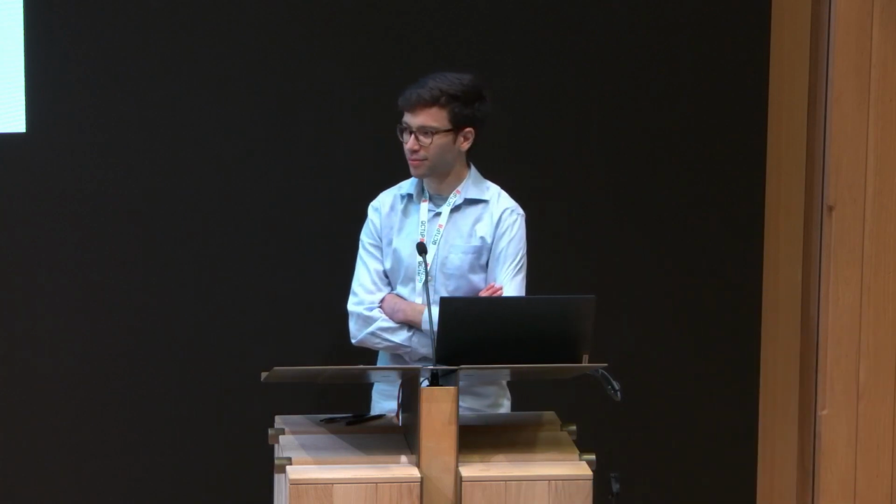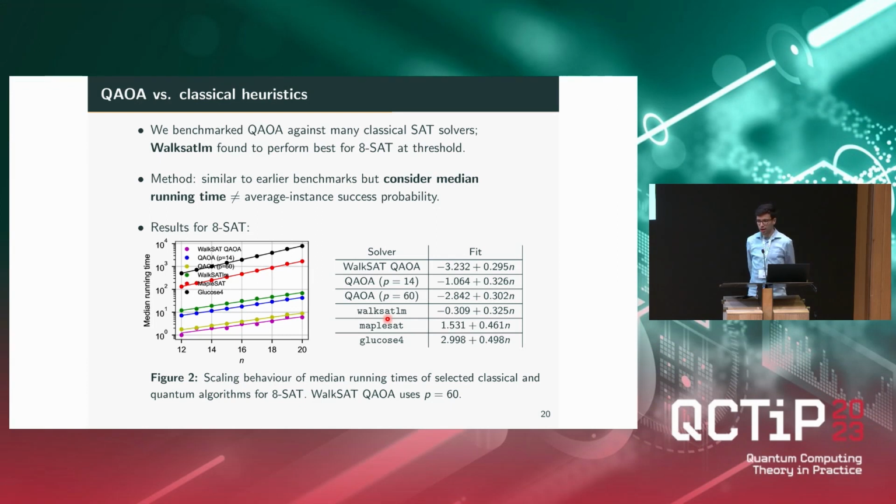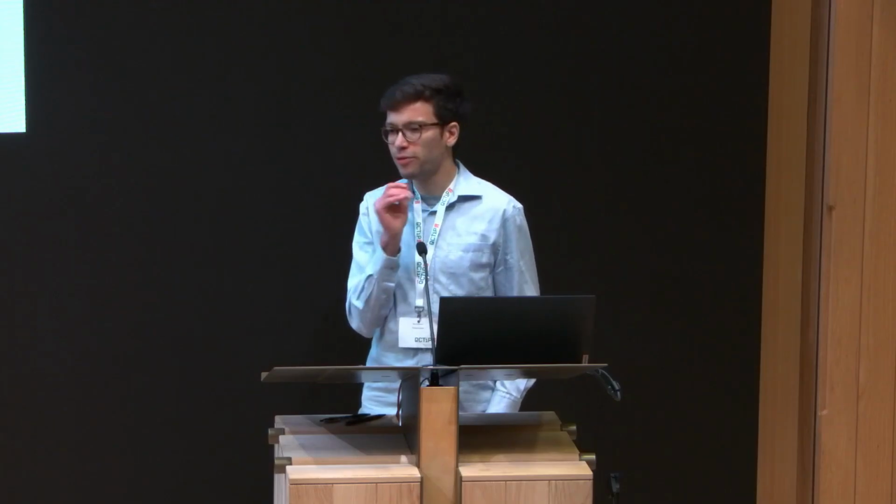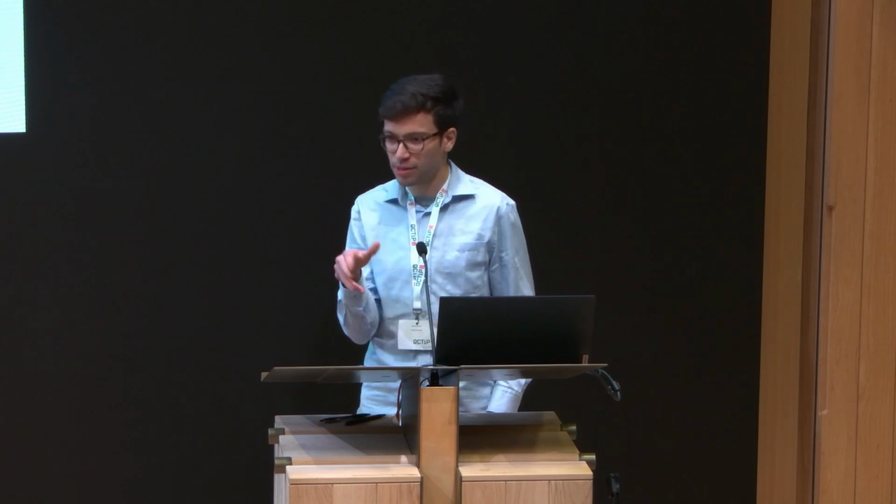I have a similar question. So what is the y-axis showing? Is it simulation time? Yeah, so the y-axis is showing the median running time. Measured how? That's a very good question. That would be measured differently depending on the solvers. For instance, for branch and bound solvers, you'd have to combine the number of conflicts you find, the number of branching steps, this kind of stuff.